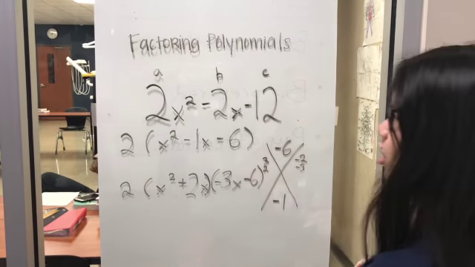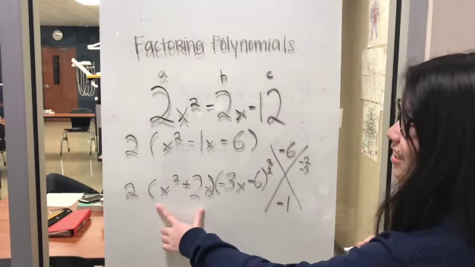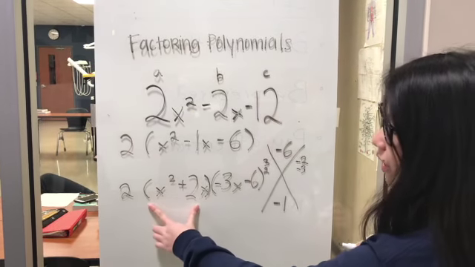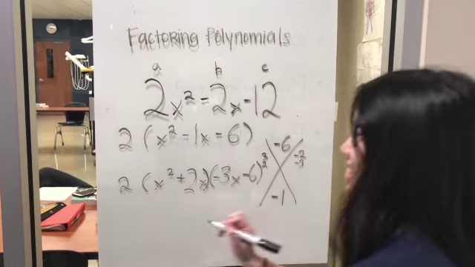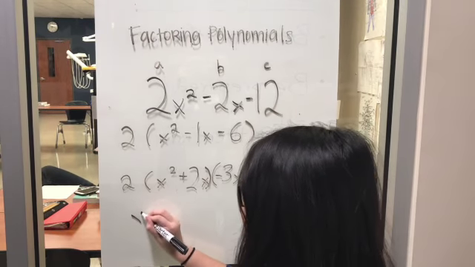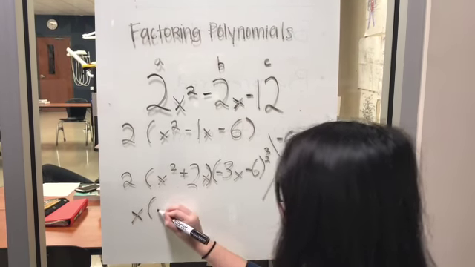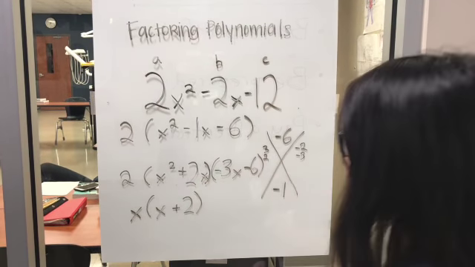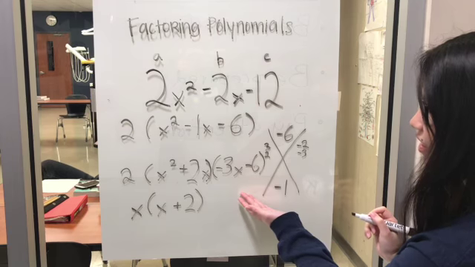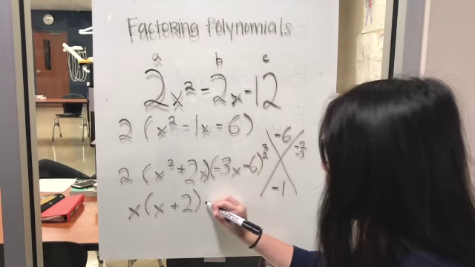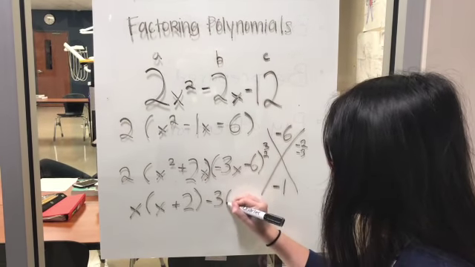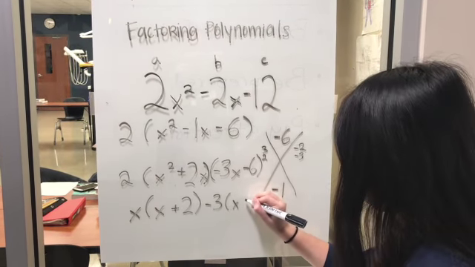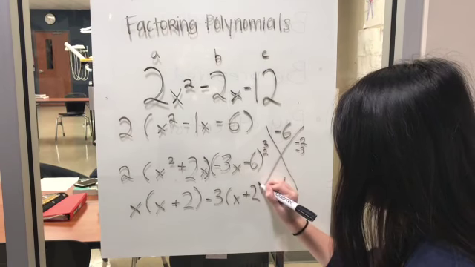And now, we again take out the greatest common factor in both of these. In this pair, x is in common, so we take out the x, and now it would be x plus 2. And for this one, they have -3 in common, so now in the parentheses, it would be x plus 2.